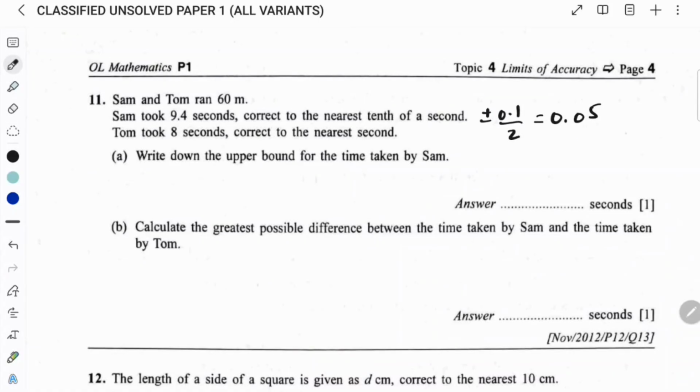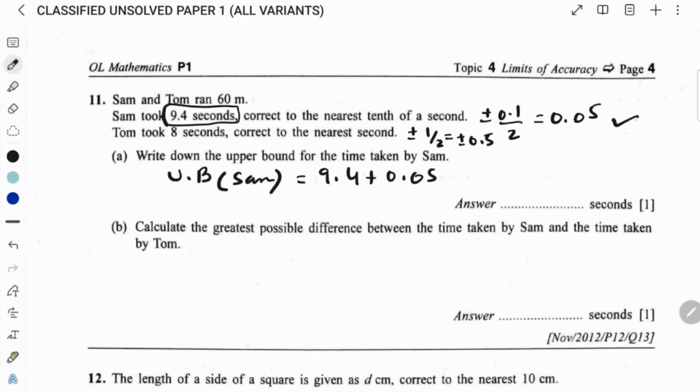Tom took 8 seconds correct to the nearest second, which means plus minus 1 upon 2, which is 0.5. Lower bound of the time taken by Sam. The upper bound of the time taken by Sam is 9.4 plus 0.05, which is equals to 9.45.